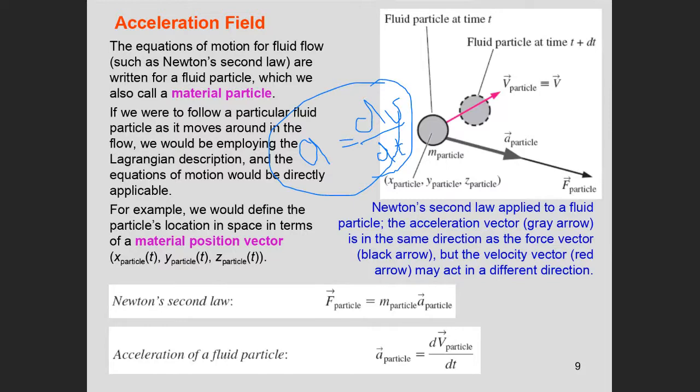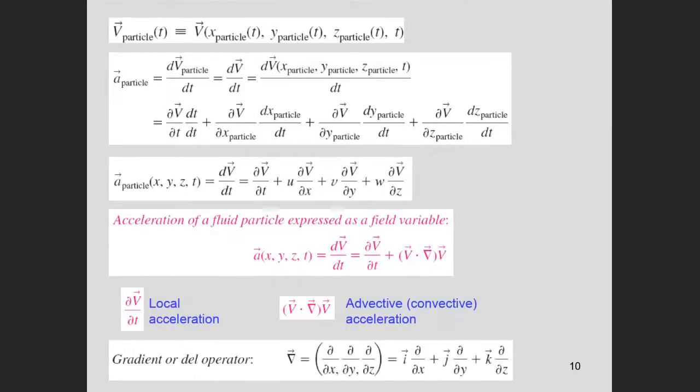Now, if you remember the Lagrangian approach, if you look at a particle, the velocity at any time t of a particle is a function of what? Of its x component, y component, z component, and the time.